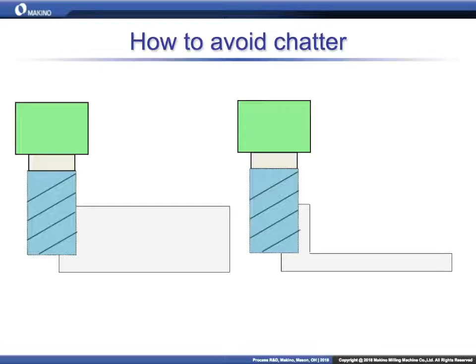You're absolutely correct, the least stiff element is your limiting factor. Just from eyeballing this, we can pretty safely guess that the tool is much stiffer than that thin wall right there. So most of the deflection is happening on the part side, on that thin wall side.